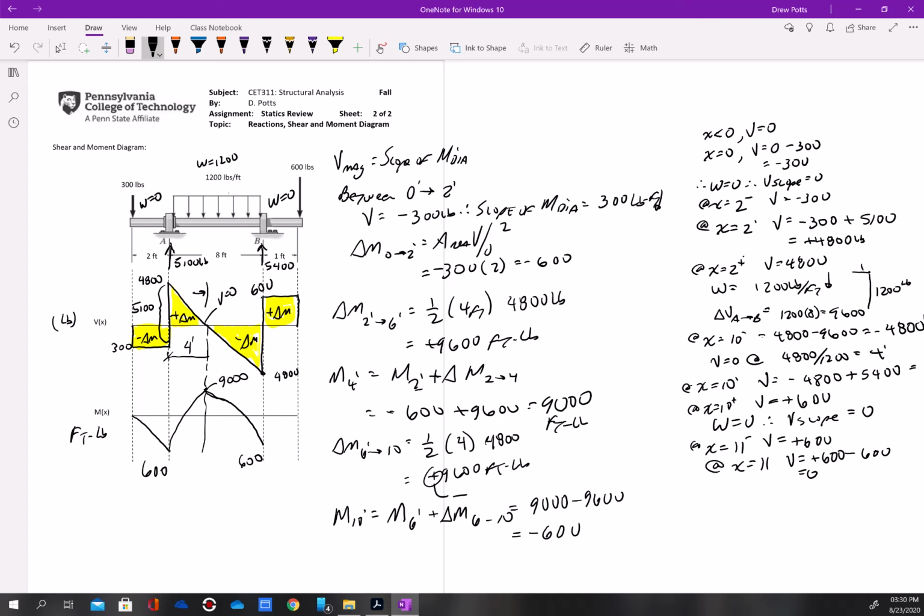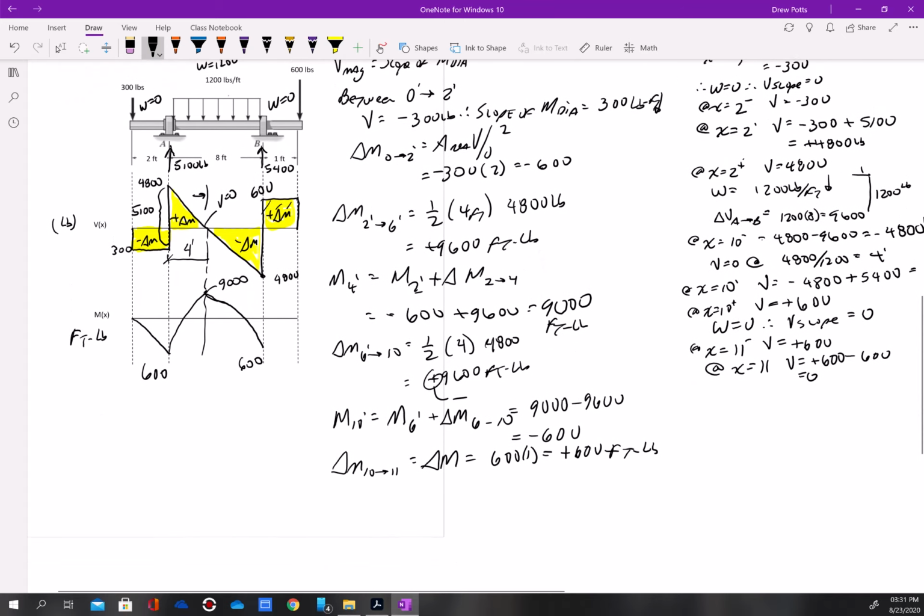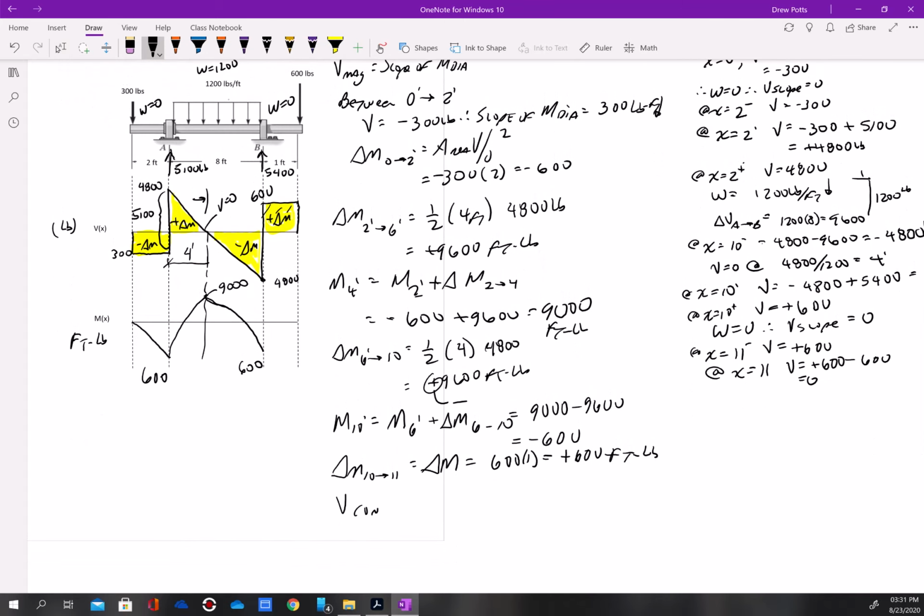Okay. Again, the change in moment from 10 to 11 feet is going to equal 600 times 1, which is a positive 600 foot-pounds. Right, so this area here, and that's a constant magnitude, so V is constant, so therefore the M slope is constant.